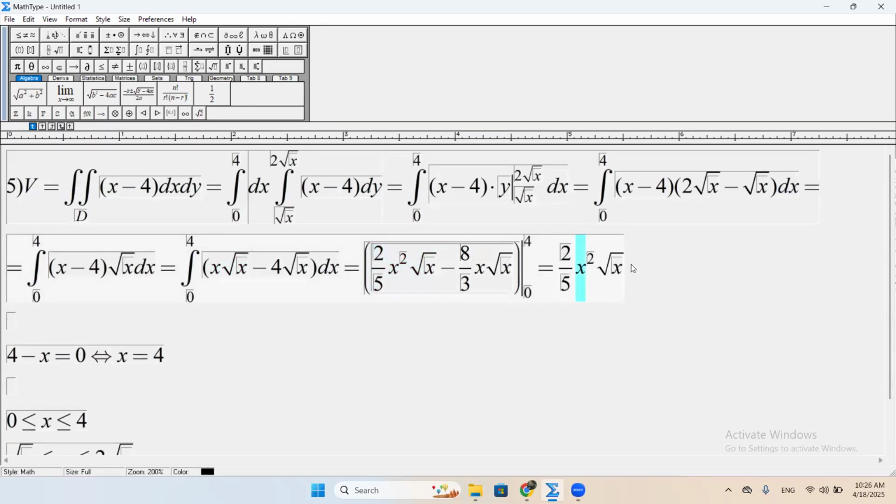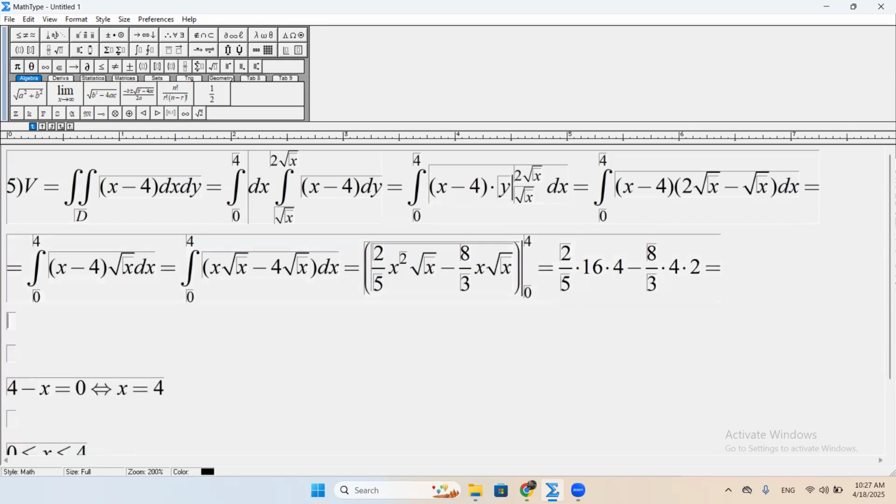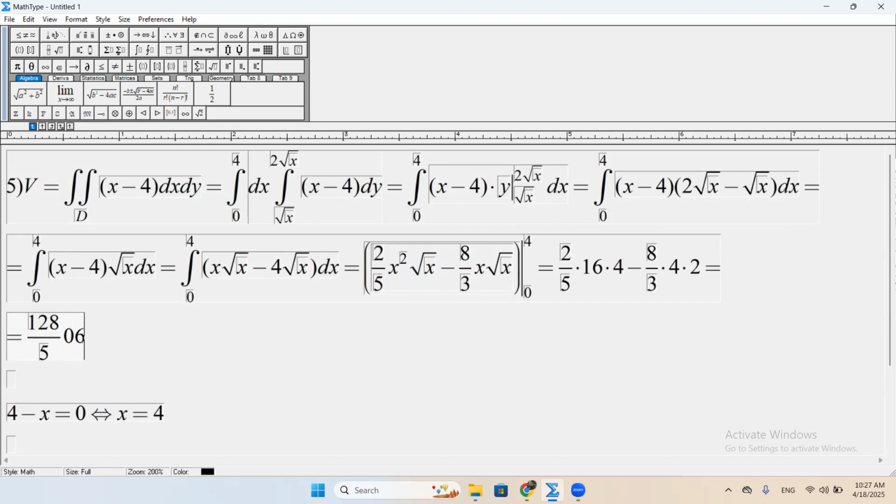So let's substitute. So 2 over 5 by 16 by 4 minus 8 over 3 by 4 by 2. So let's calculate it. So 128 over 5 minus 64 over 3.